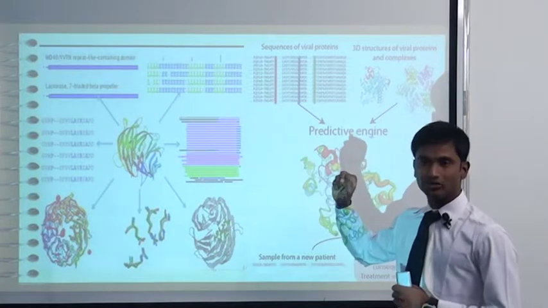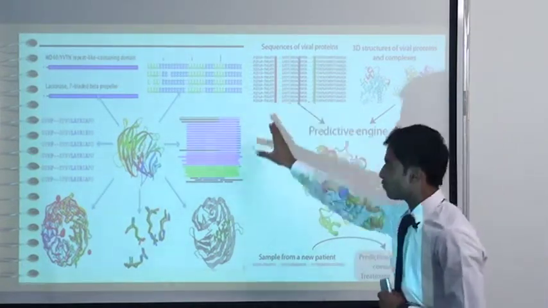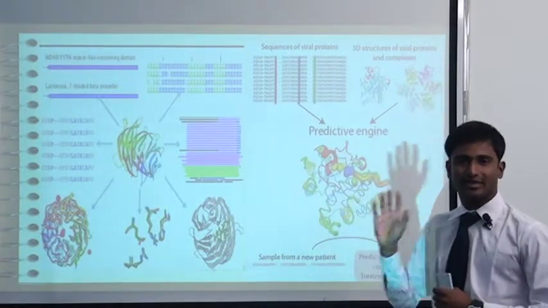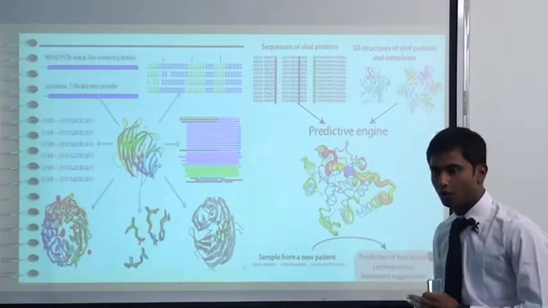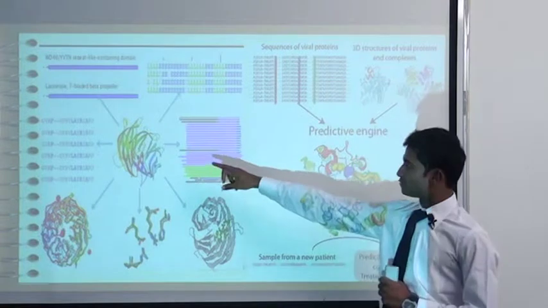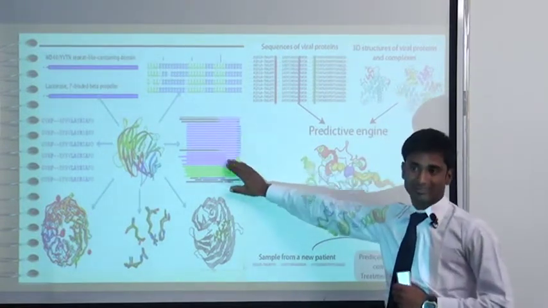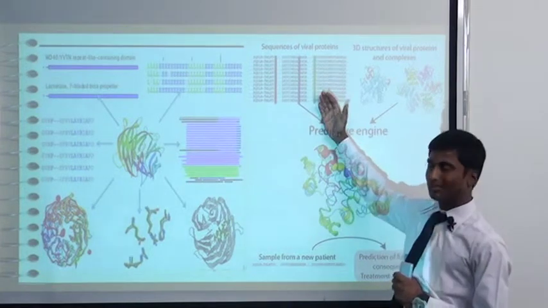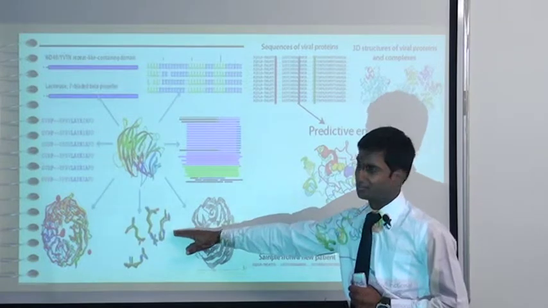First of all, I clone that protein. That means I copy that protein into different types of software, inserting that protein into that software. So I will get a number of different outputs. This protein is given to one software, and I will get all the sequence similarity stored in the database. Another software gives me information about the side chains.